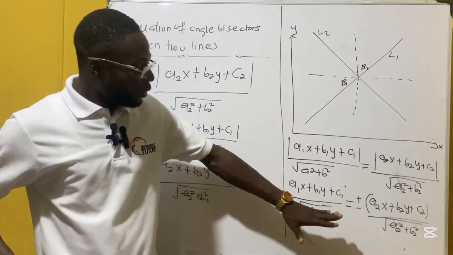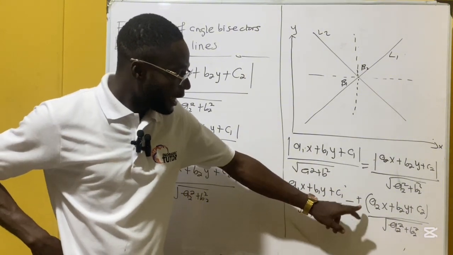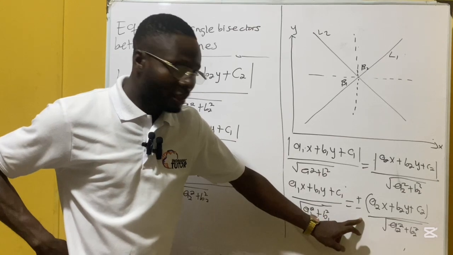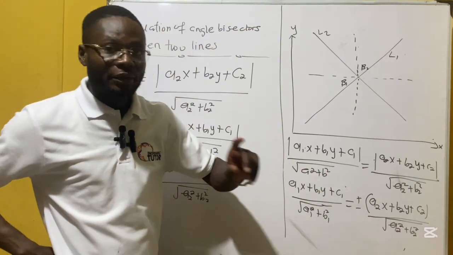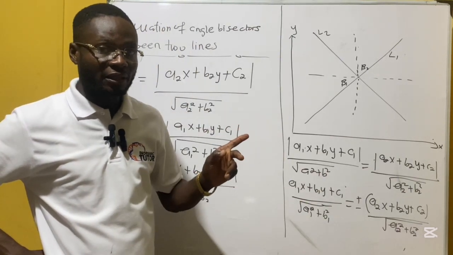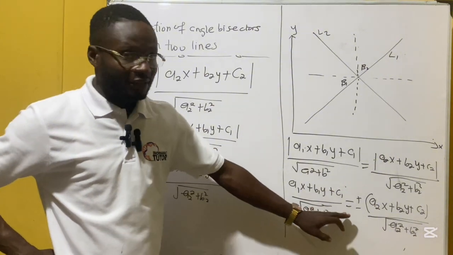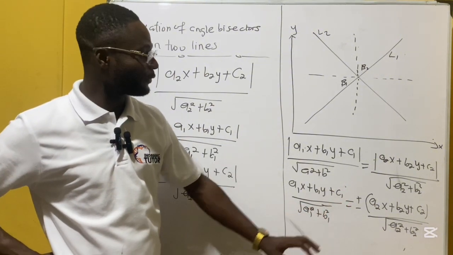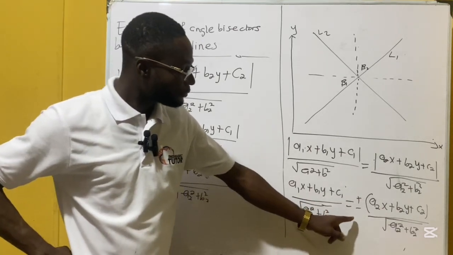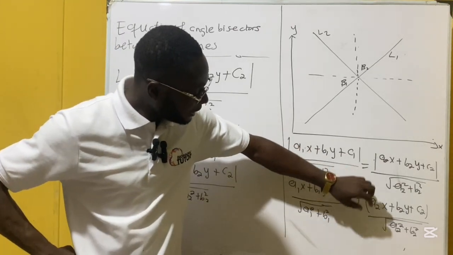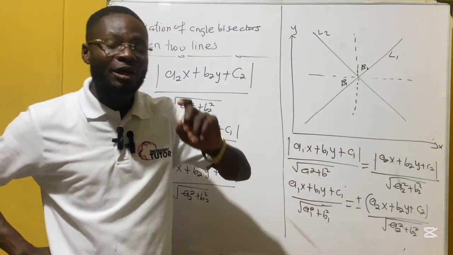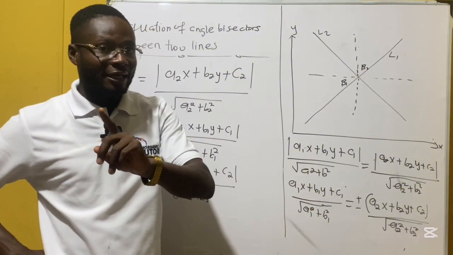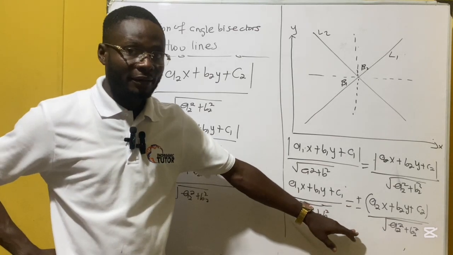So we can either have a positive side of the formula and then we can have a negative side of the formula, right? That is what this is trying to tell us. So from here, this positive sign and the negative sign is telling us that we have both internal and external lines, right?